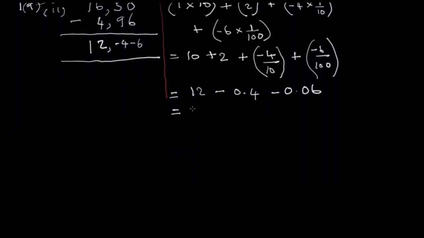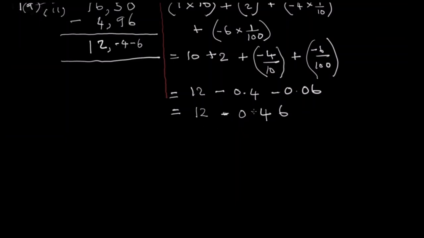So this now becomes minus 0.46, because what I did here is minus 0.4 minus 0.06. If they are the same sign, which is the negative sign, they will add and retain the common sign.